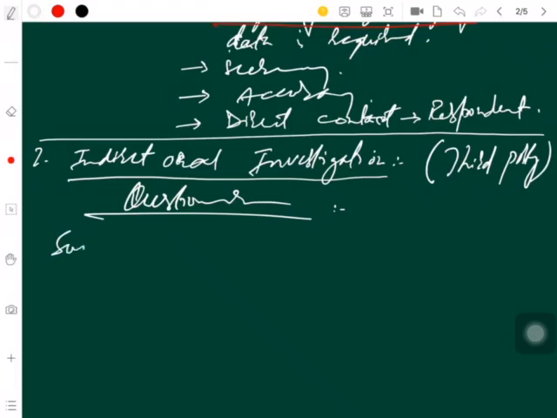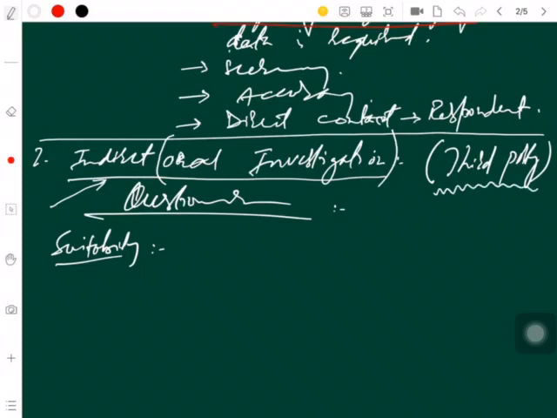You must know at least a few things about why we take indirect oral investigation. If it were oral investigation, that means you are directly asking, and it is indirect oral investigation, that means you are asking but indirectly, maybe from a third party.